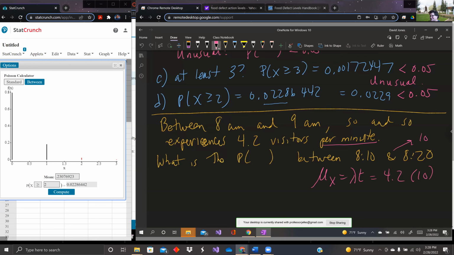So you got to multiply by 10 there. And mu of x would equal 42. So you'll see problems like that. That's what's going on in those. And they'll also tell you it's a Poisson distribution. I think they got a problem about like a drive-through at a fast food place. Calls per minute or something like that.